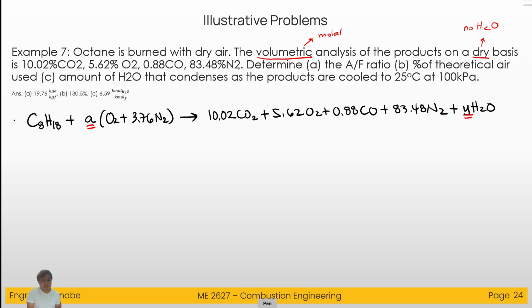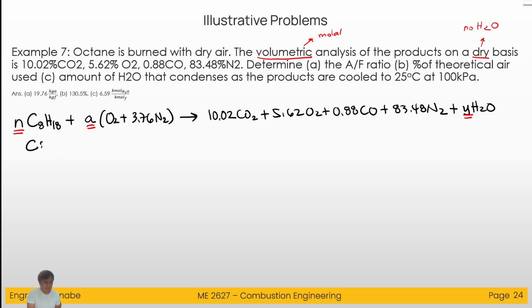If the water vapor were included in the products, then we could write 1 actually. But since we don't have water vapor in the products, we have to write N. So to solve for this, you have to solve for each.